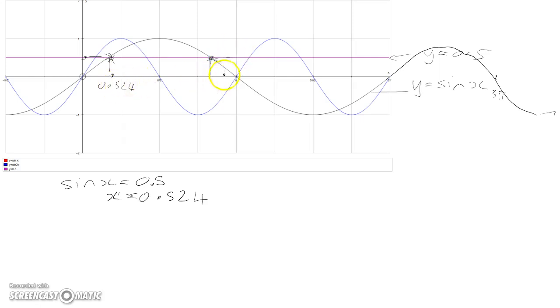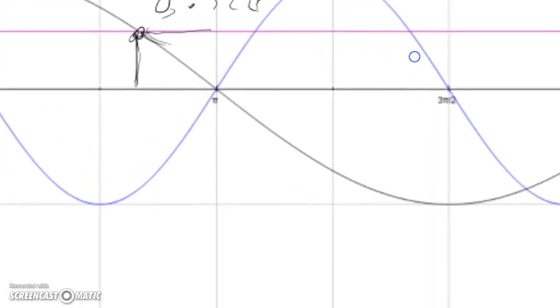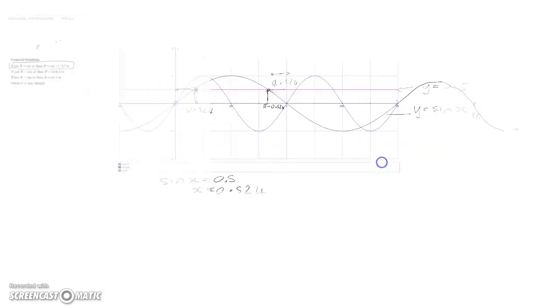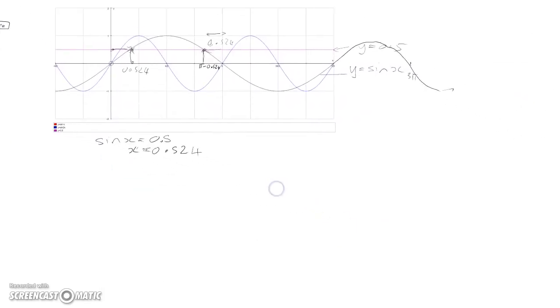So this distance is also 0.524. This value here is pi, so it'll be pi minus 0.524. So I know another point on here is going to be pi minus 0.524.